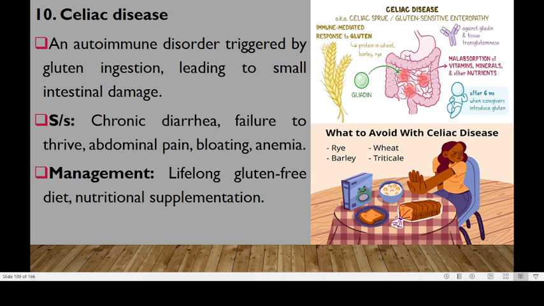So the patient will present with chronic diarrhea, failure to thrive, abdominal pain, bloating, and anemia. Management includes a lifelong gluten-free diet and nutritional supplementation. The foods you're supposed to avoid for celiac disease are rye, barley, wheat, and triticale.